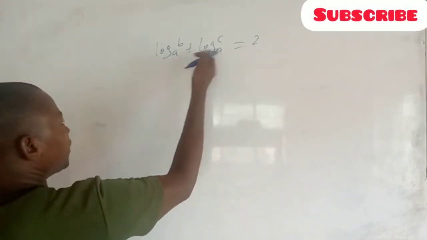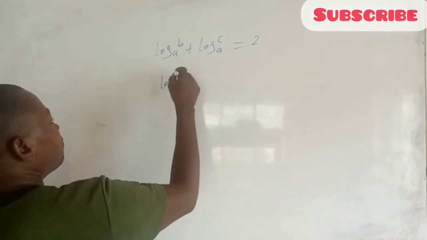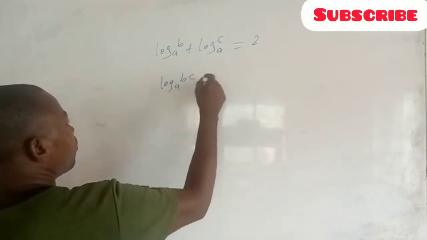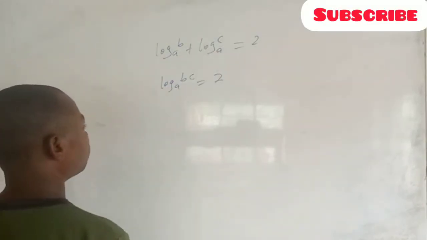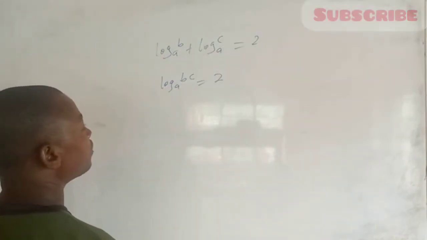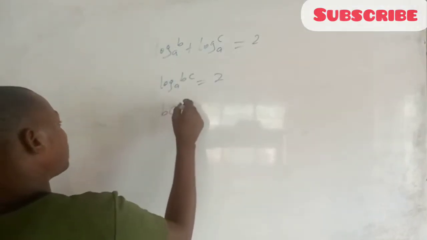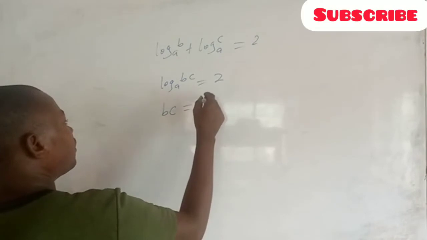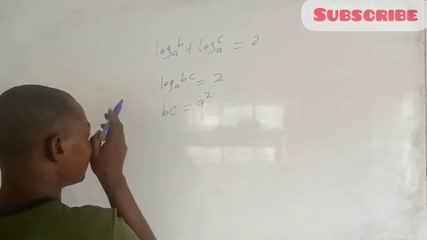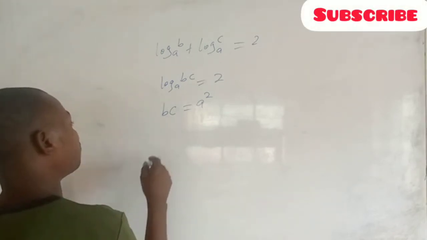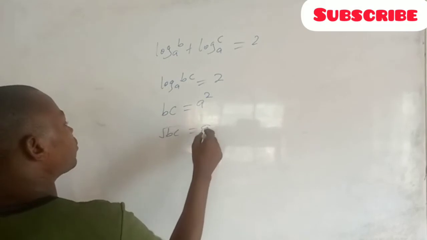We say that when we are adding, we multiply the power. So log a of BC equals 2. So this a will go and raise this 2 and the logarithm will disappear. So we have BC equals a raised to power 2. By the time we find the square root of both sides, we have square root of BC equals a.